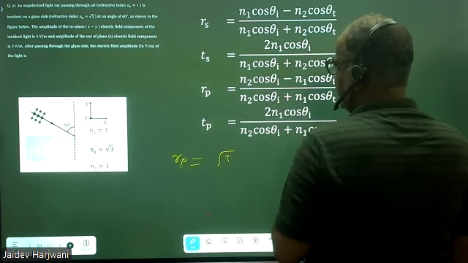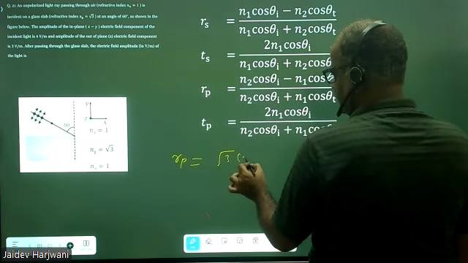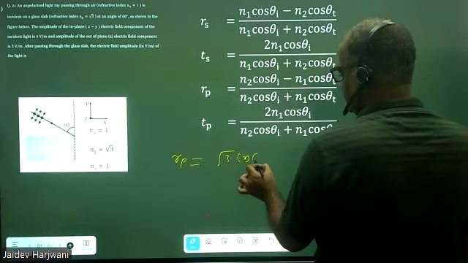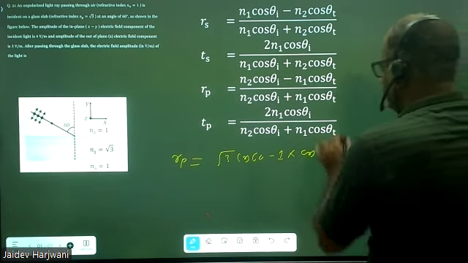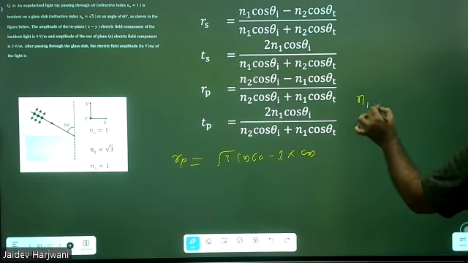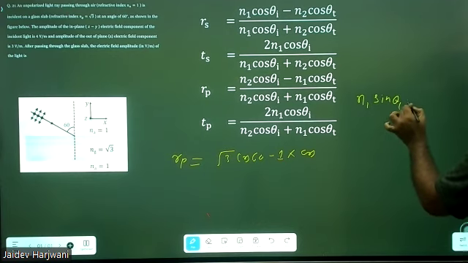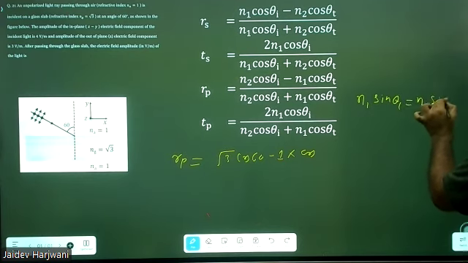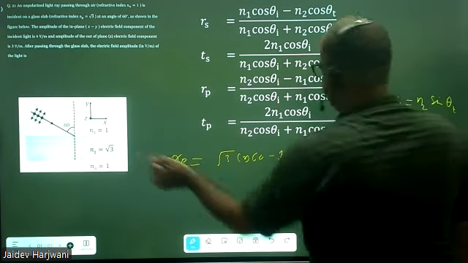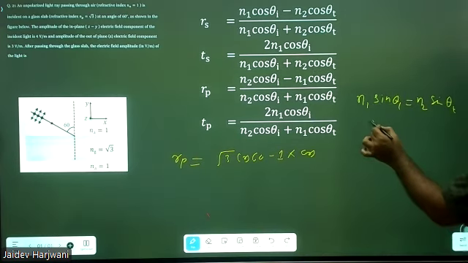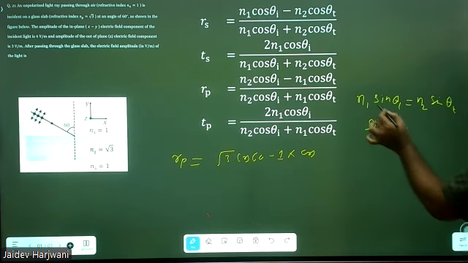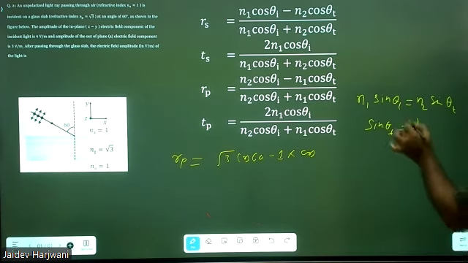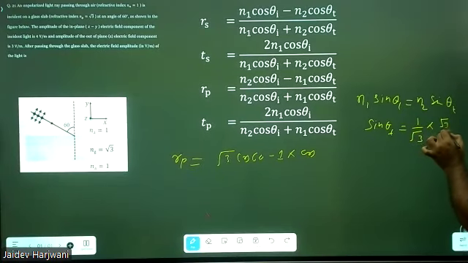Theta I is the 60 degree incidence, minus n1, which is 1, and cos theta T. Theta T you can find from Snell's law: n1 sine theta I equals n2 sine theta T. So sine theta T becomes n1 upon n2, which is 1 upon √3 times sine 60 degrees, which is √3 by 2.